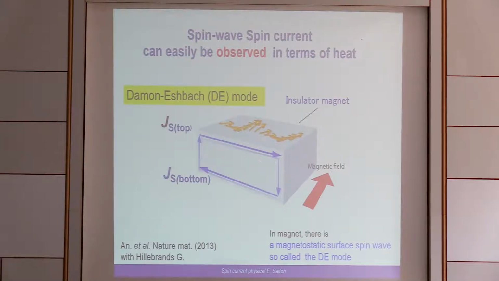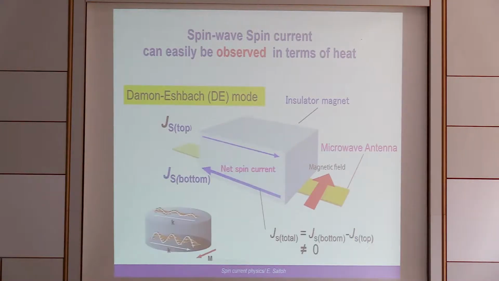But here, these spin currents are cancelled out. So we put a sample on the microwave antenna. Then the bottom of the sample is very strongly excited, but the surface is just weakly excited, which gets an imbalance between them, and a finite net spin current appears in this direction. So a finite spin current is created by just putting the sample on the microwave antenna.